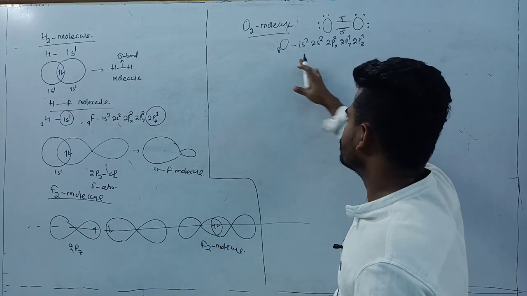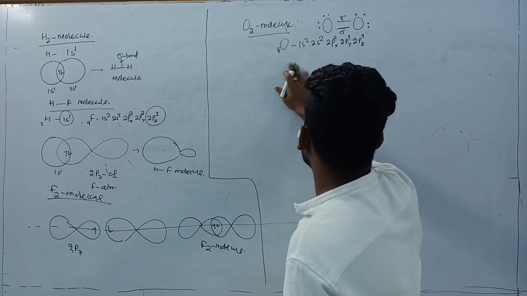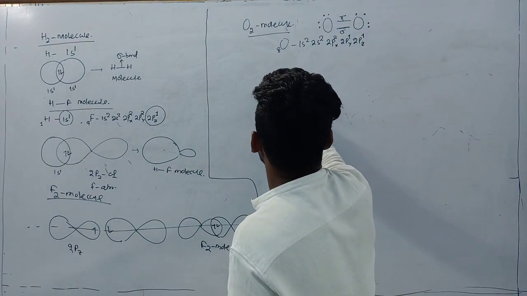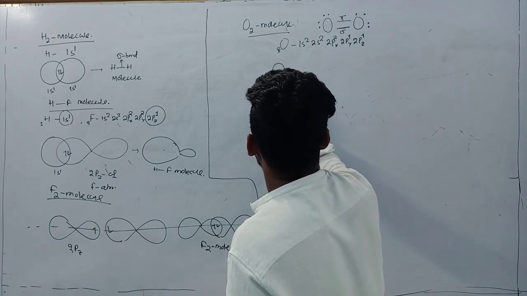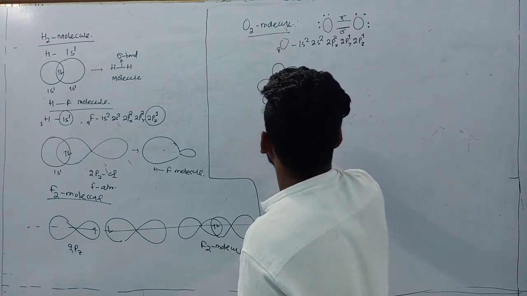Consider two oxygen atoms approaching each other. For one oxygen atom I represent 2px, 2py, 2pz, each with two lobes.